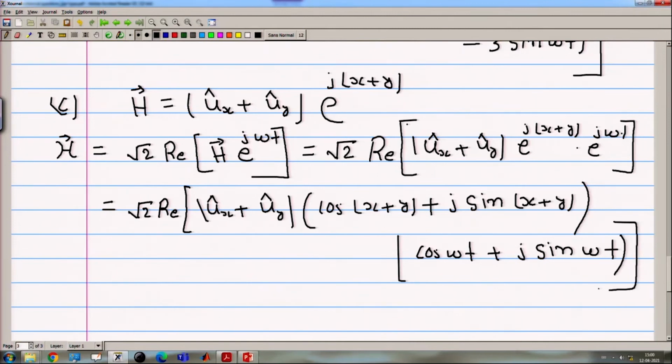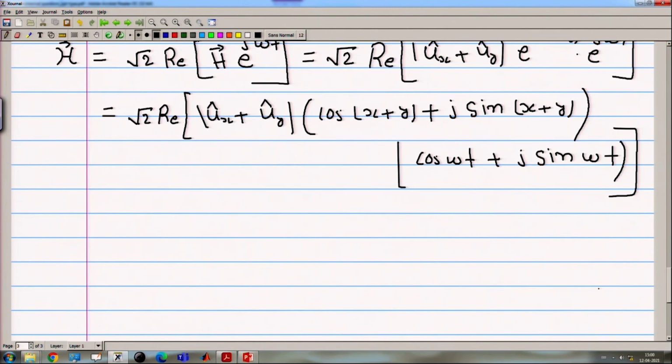So, we can multiply these two and we can extract the real part.